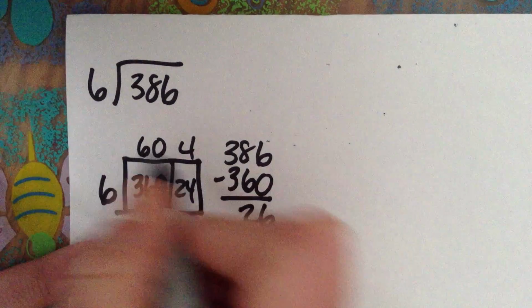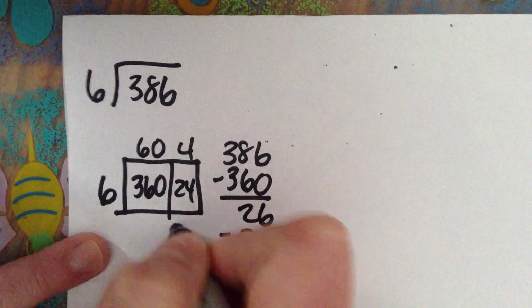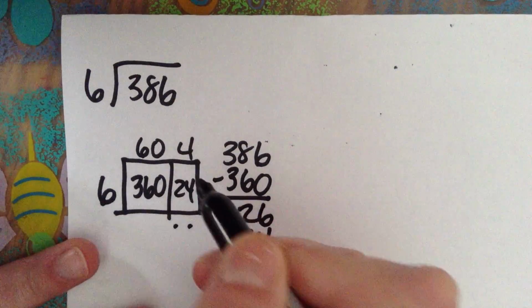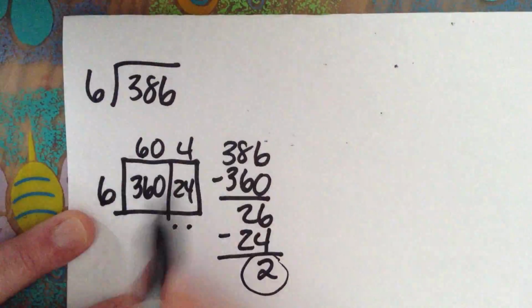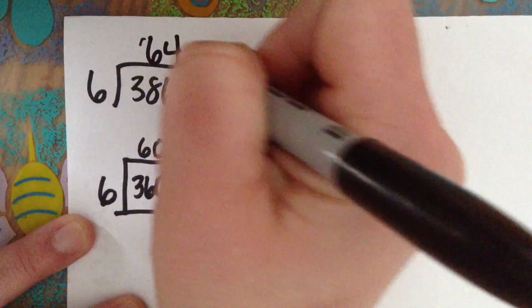Because you can't make any more equal groups of 6, you know that you're done because there's only 2 left. 2 do not fit evenly into that area. So part of your quotient is 60, the other part is 4, so altogether it's 64 with a remainder of 2.